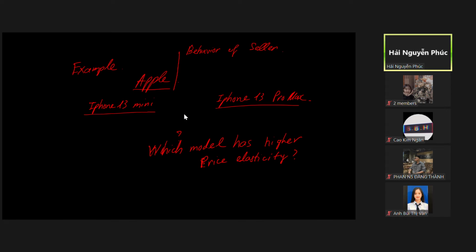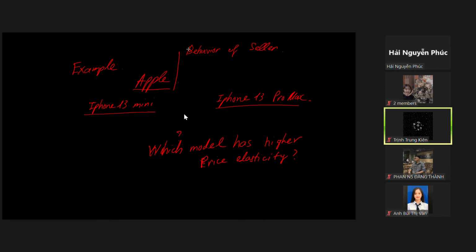Em nghĩ là mini gì? Em nghĩ Pro Max. Thực ra thì về logic và cũng như trong các quan sát, các em sẽ thấy là người ta áp dụng cho Pro Max nhiều hơn. Và nếu giả định điều đó đúng, thì điều đó có nghĩa là gì?